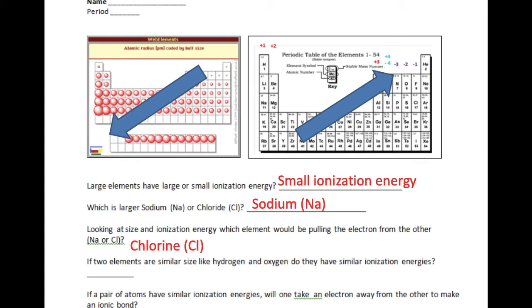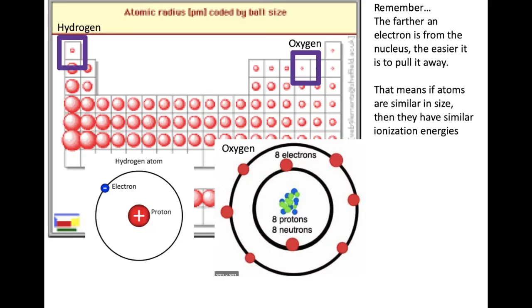If two elements are similar in size, like hydrogen and oxygen, do they have similar ionization energies? Well, let's look where those are on our atomic radius. So we can see hydrogen's in the upper left, oxygen's over on the right.